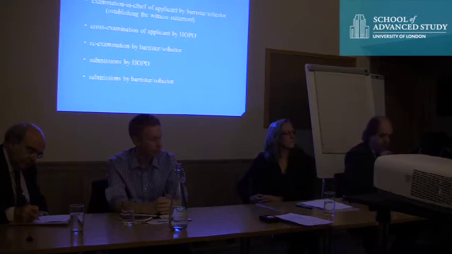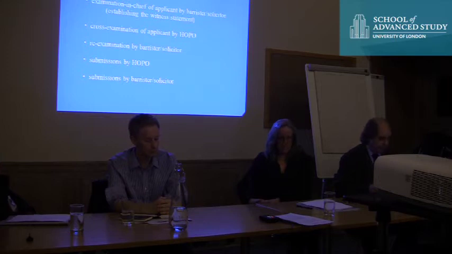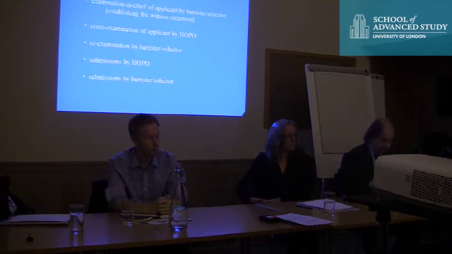In most cases, these refusals can be appealed to an immigration judge in the tribunal, and asylum seekers are normally represented in court by barristers. UKBA is represented by a Home Office presenting officer, who's generally not a trained lawyer. The hearing begins with a brief examination in chief, followed by quite a lengthy cross-examination, in which the hoppo is trying to find inconsistencies or apparent inconsistencies in the asylum seeker's story, which can be used to cast doubt on their credibility.